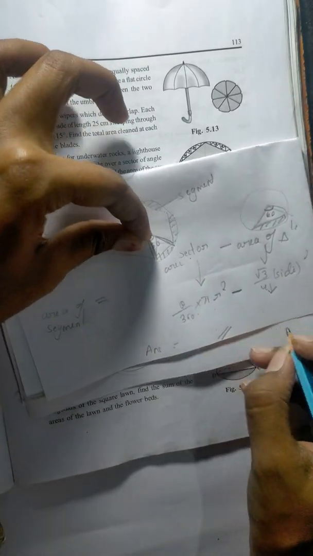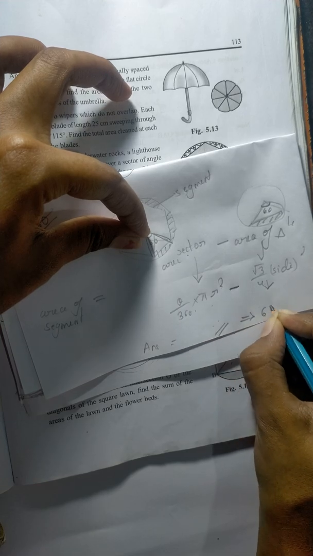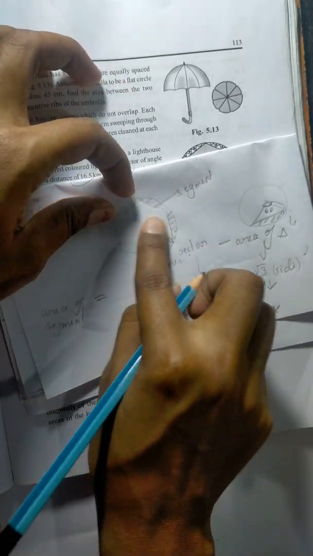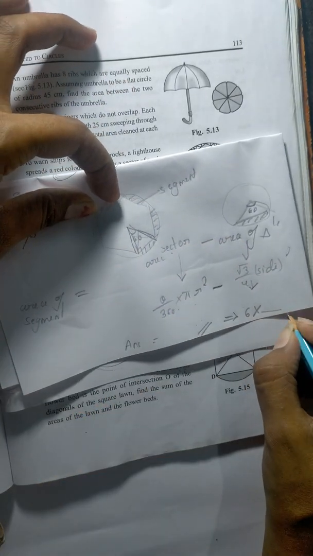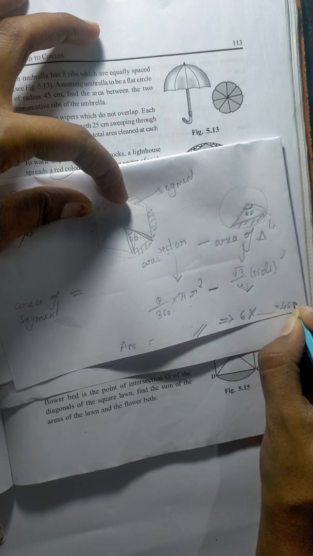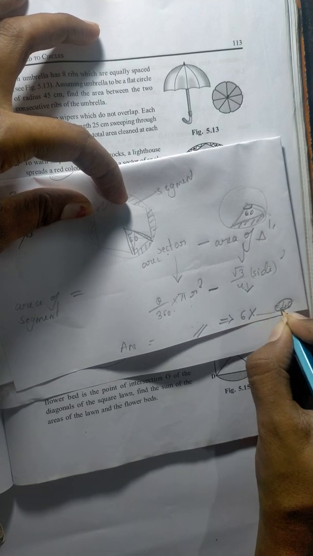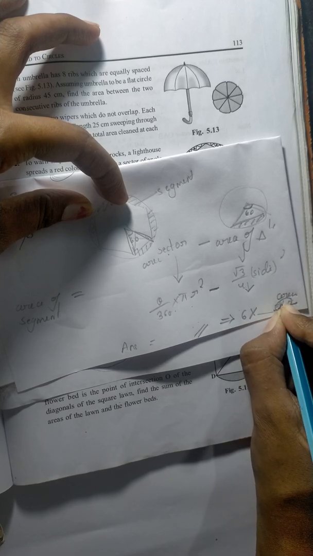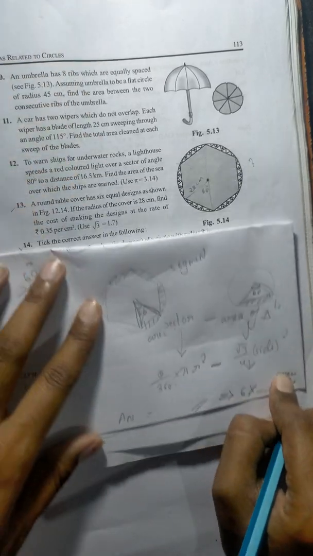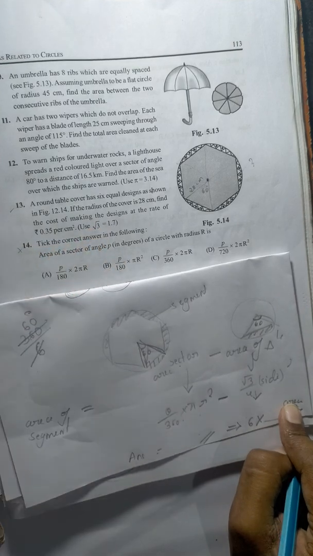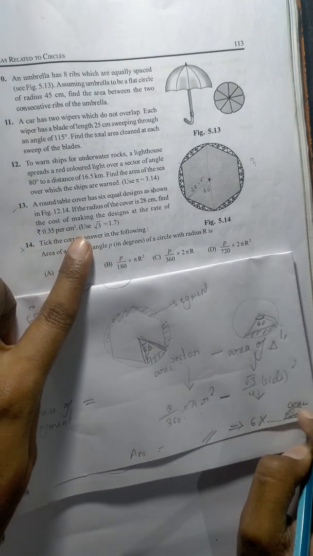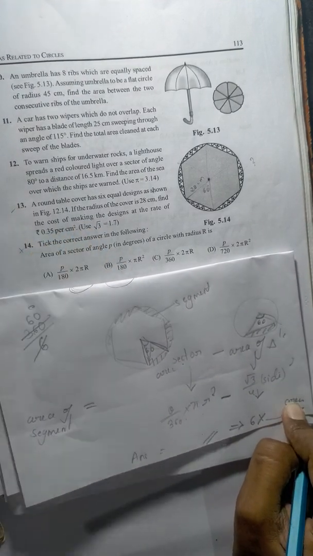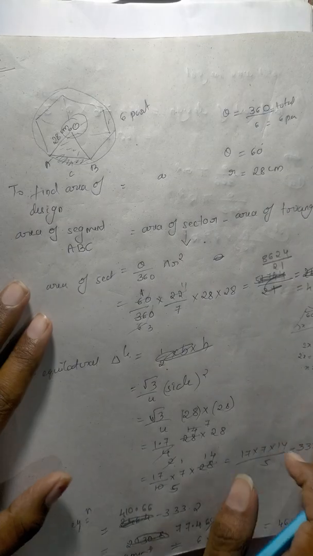So we will multiply with 6, because 6 parts are there. Then we get the overall area. Once we get the area, for each area they have given the cost, 0.35, so we multiply by the area. So roughly I calculated as I explained.